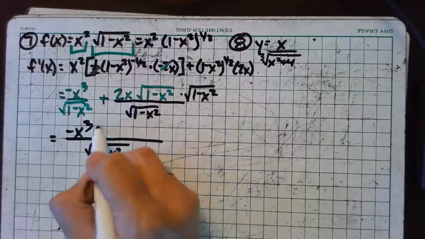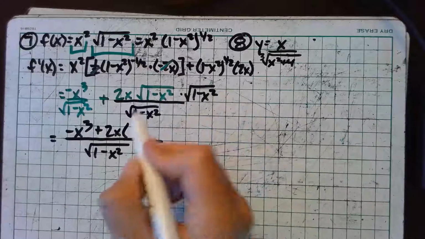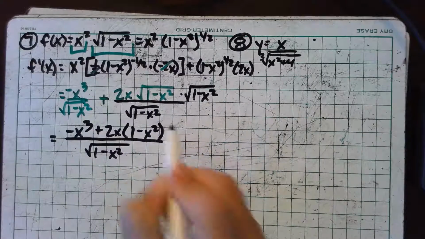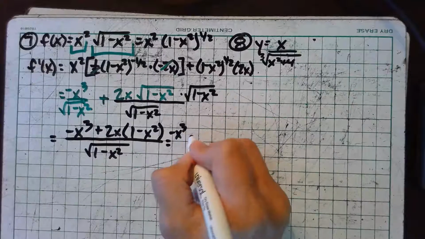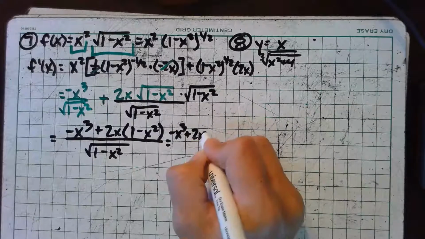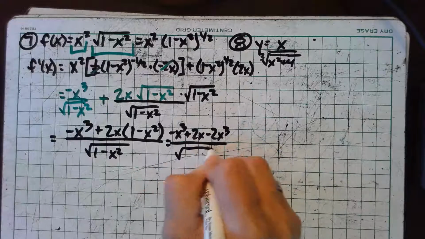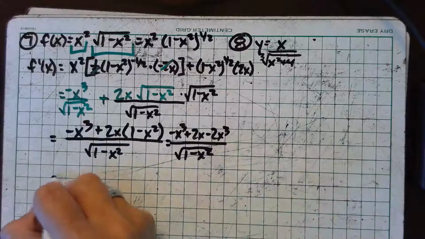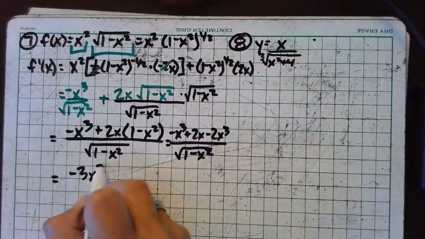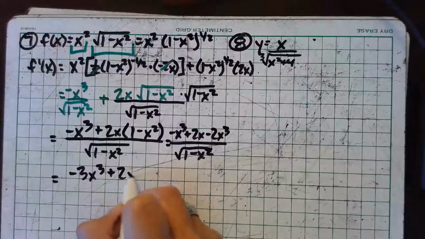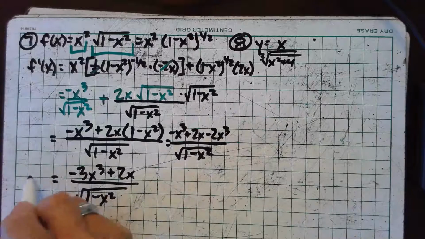All right, well here I'm going to still have the 2x, but it's going to be times, when I multiply these together, the radical falls off. So this is negative x cubed plus 2x minus 2x cubed. All right, so this is negative 3x cubed plus 2x all over the square root of 1 minus x squared.